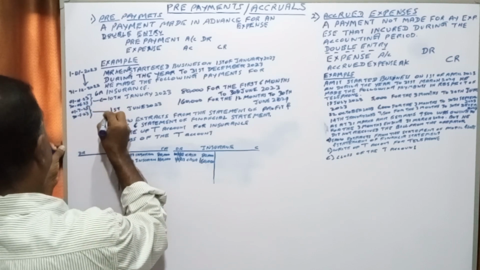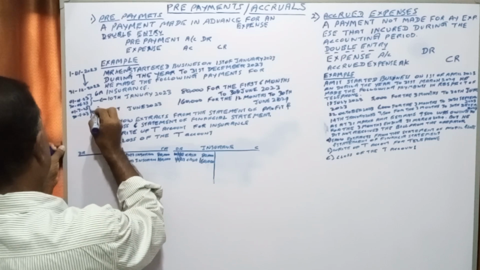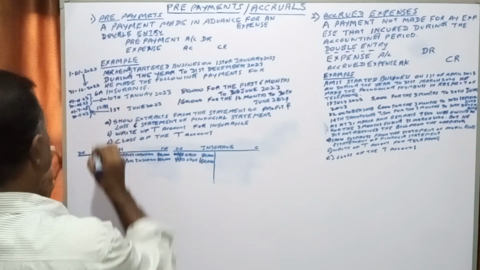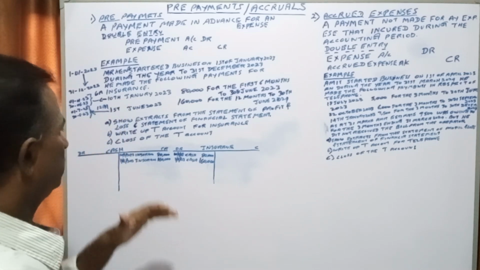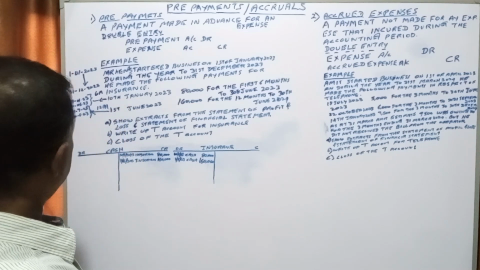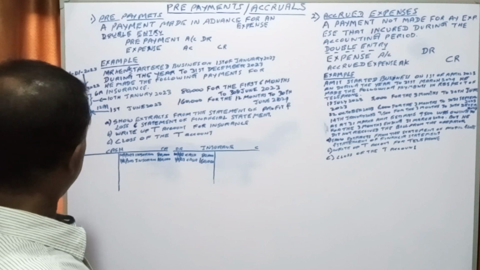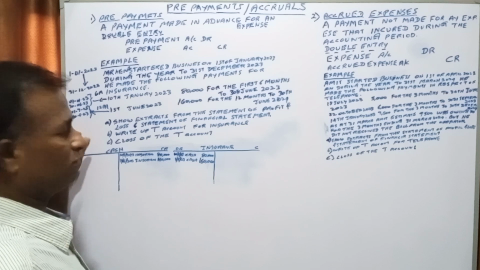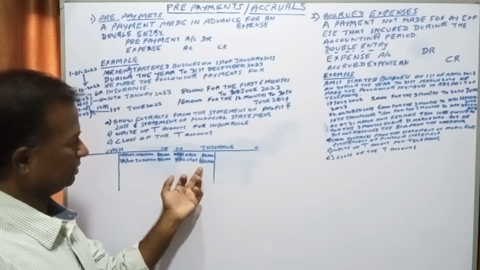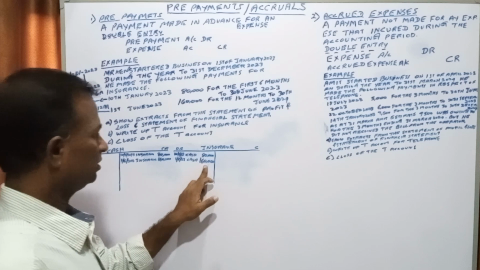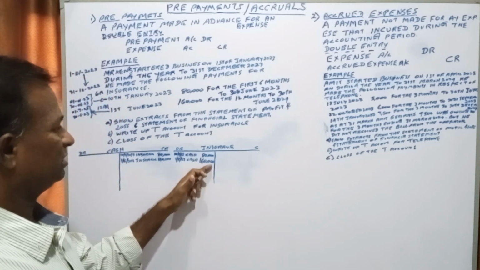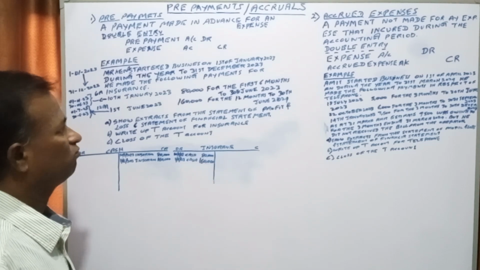That means 12 months. The accounting period cutoff is 31st December. Okay, here an excess of 6 months is involved. In this 160,000 payment, an excess for 6 months is involved, right?